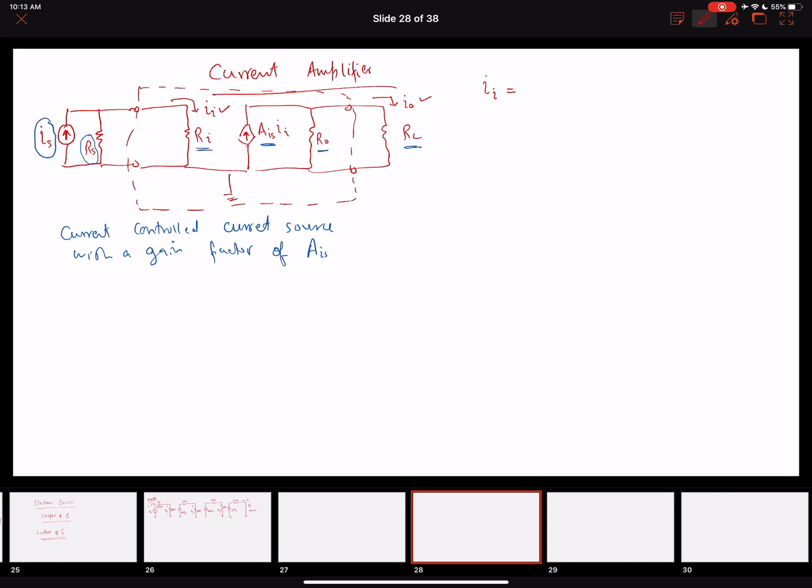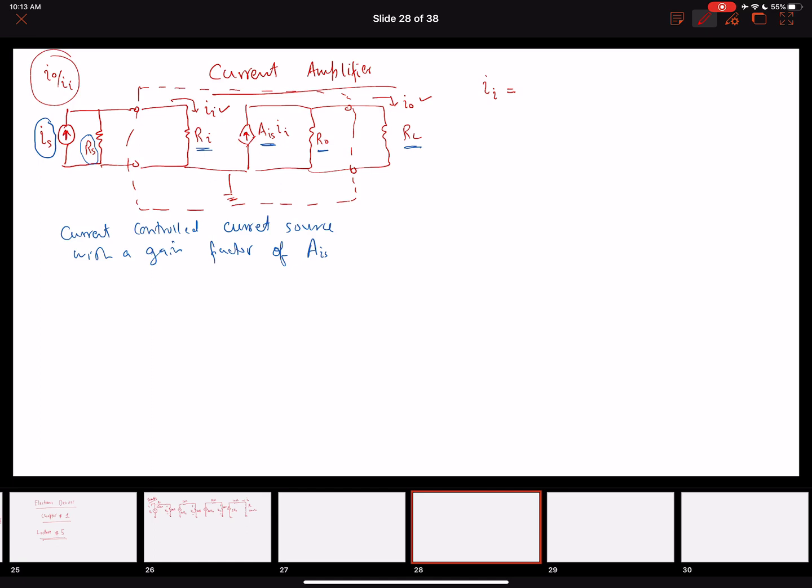Because in this current amplifier, what we are trying to do, or what our gain will be, equals I naught over II. So this is what we are interested in, and this is what we are going to solve for: our output current and input current. Our input current can be determined by using a current divider rule at the input.